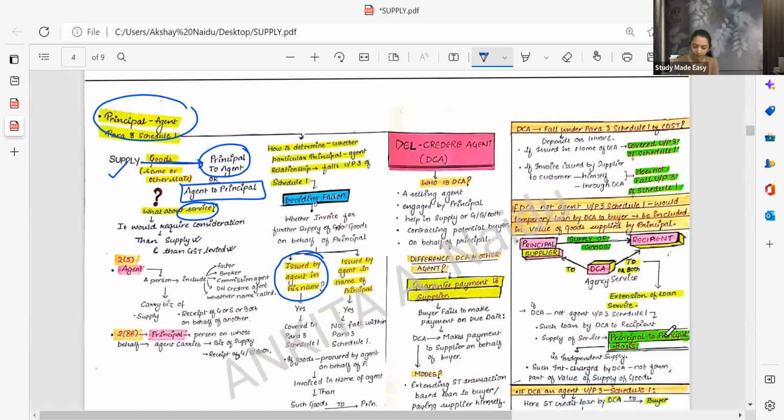Now there is a type of agent also. There is again a type of agent that we call a del credere agent. A normal agent is one thing. Then again there is an agent that is called a del credere agent. Write the heading del credere agent.